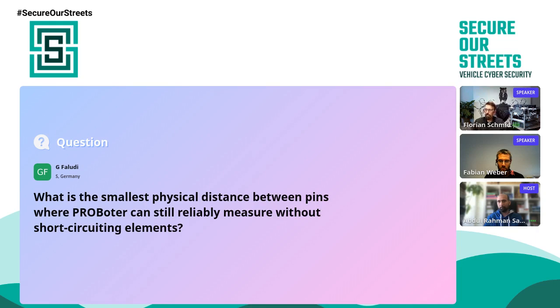The identification of the underlying transmission protocol runs pretty much automatically, gives you the result which protocol has been identified, and from there you are free to continue whatever you like, whether you want to use your own probes to connect to the PCB and start to connect to the component. That makes sense.